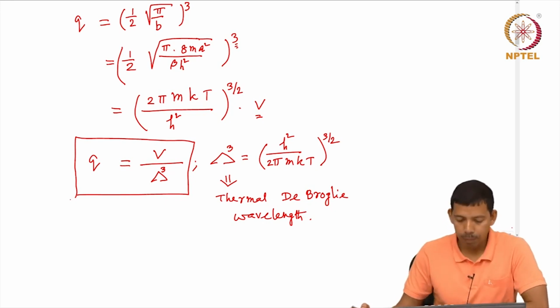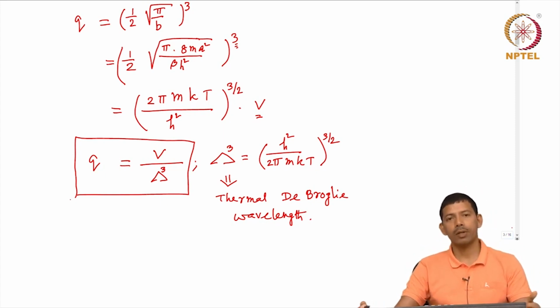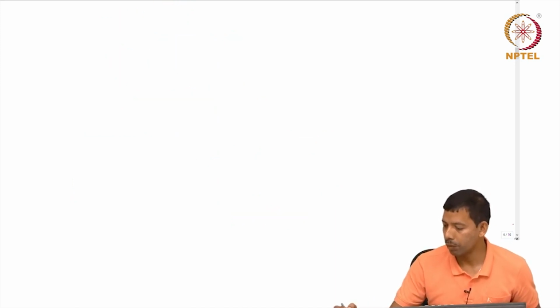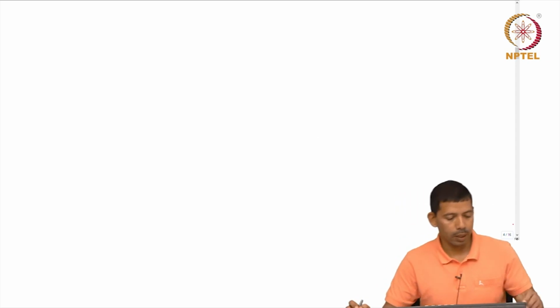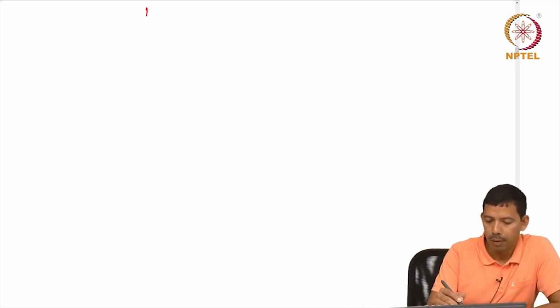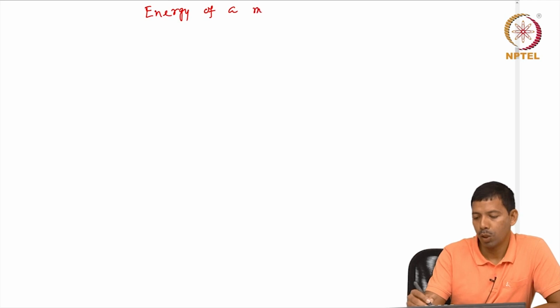So now, since we have the partition function of this monoatomic gas, let's find out different thermodynamic quantities. So the first thermodynamic quantity we can look for is the energy. So what is the energy of a monoatomic gas system?